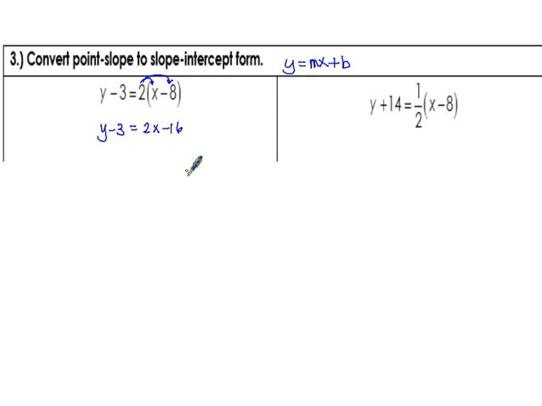And then get rid of the 3 by adding 3 to both sides. And now we can officially say that y is by itself on the left with 2x minus 13 on the right, and it is now in the format of your slope-intercept form, y equals mx plus b.